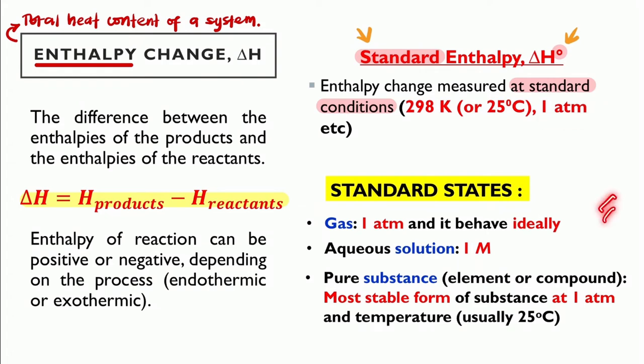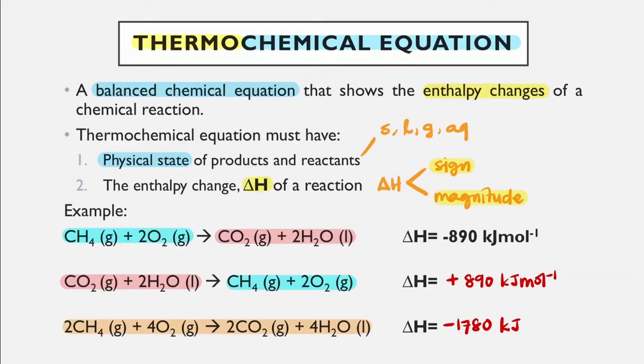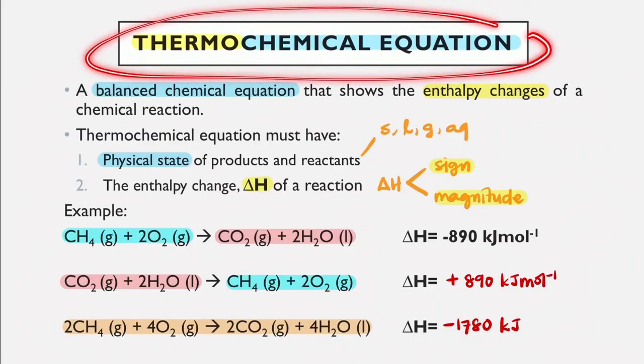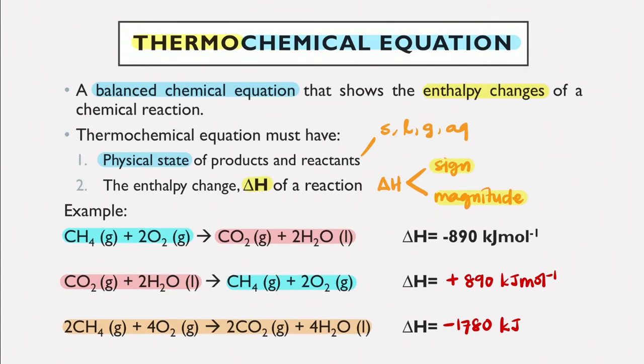These are the standard states, so you need to take note of this. A thermochemical equation is basically a normal balanced equation, but you must include the enthalpy change, which is your delta H.